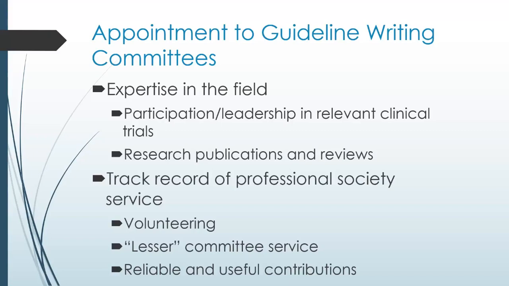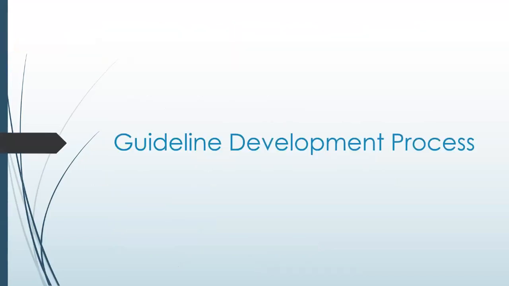So you want to know that people have done well at a lower level job, so that you can appoint them to something, because they're going to have to work and provide value. They have reliable and useful contributions. They're on time. They do everything that they're supposed to do. And so you look for these people.